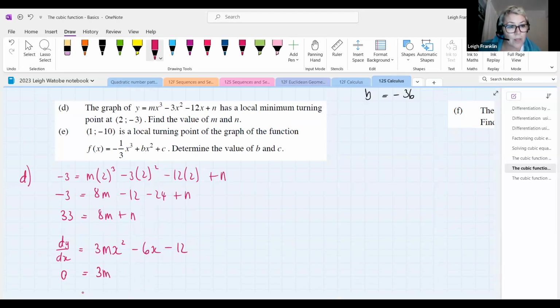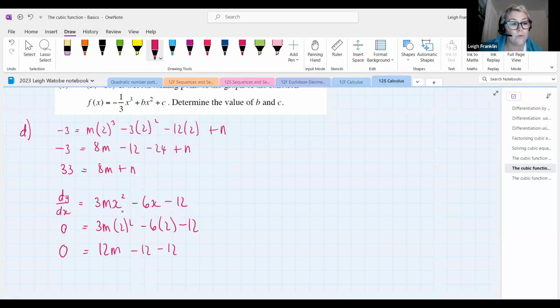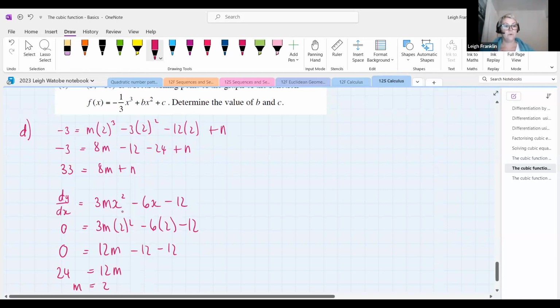We would have 3m times 2 squared minus 6 times 2 minus 12, and we'd be able to solve for m. So that would give us 0 equals 12m minus 12 minus 12. So that means that 24 would be equal to 12m. So m is equal to 2, just like you said, Tsegofatso.